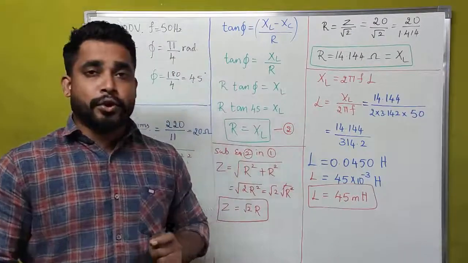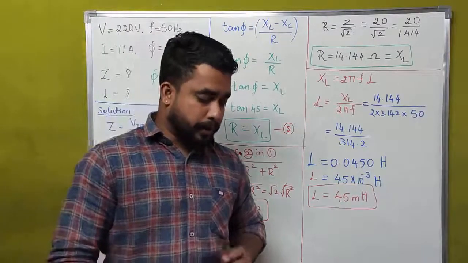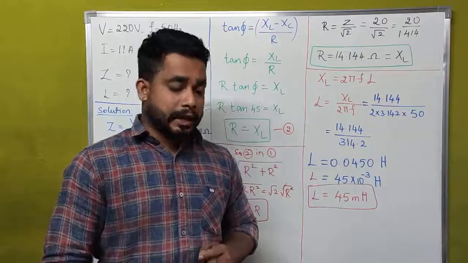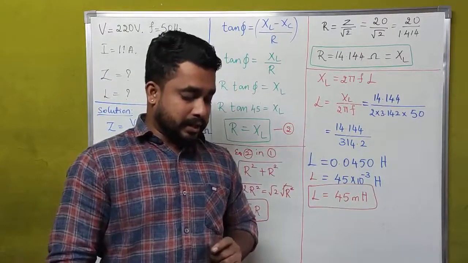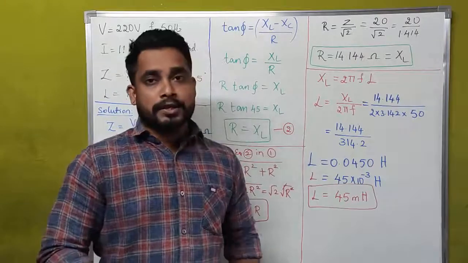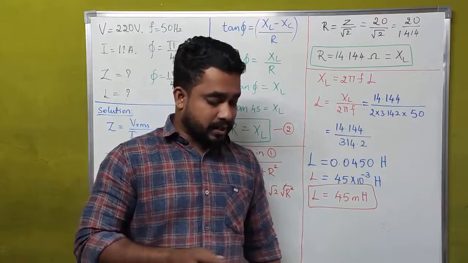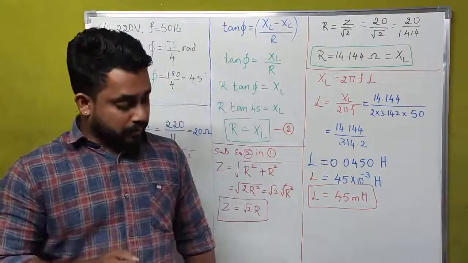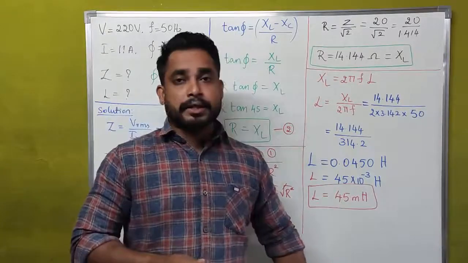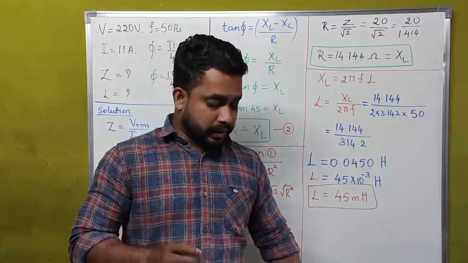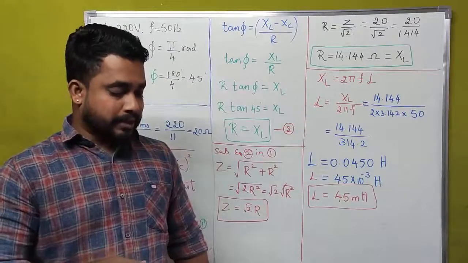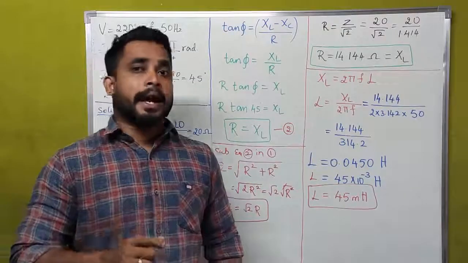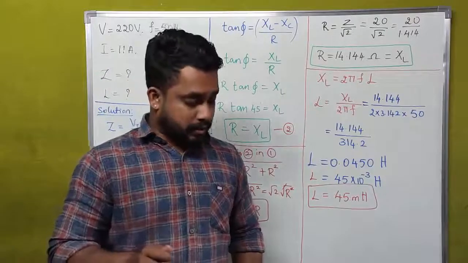A sinusoidal voltage of peak value 285 volts is applied to a series LCR circuit in which the resistance of the resistor is 5 ohms, the pure inductance of the inductor is 28.5 millihenry, and the capacitance of the capacitor is 80 microfarad.